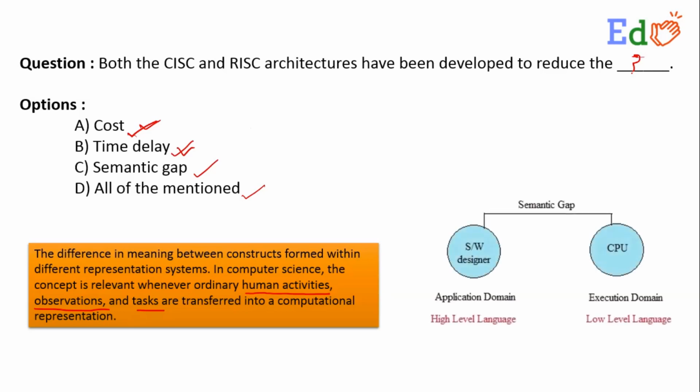So let us see this picture. All these parameters, like human activities, observation, and task, are in this application domain. And here we use languages like high-level languages, and software designers are in this domain.